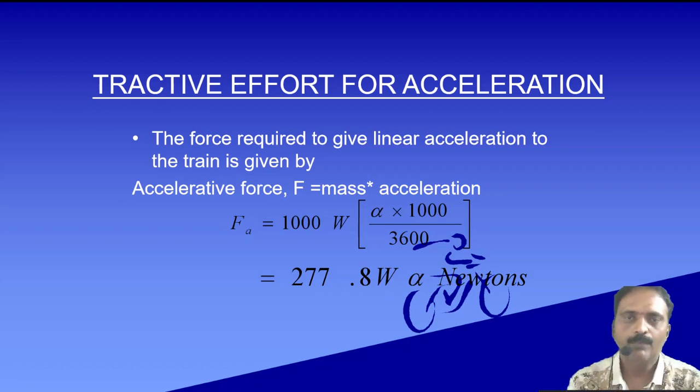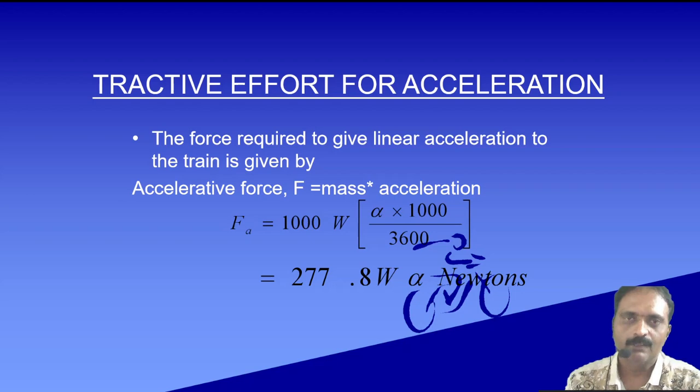One important point to consider here is that at the beginning or at the starting, when the vehicle moves, there will be some inertia with respect to the moving or rotating parts of the train. Hence we need to consider the effect of rotational inertia of the moving parts.